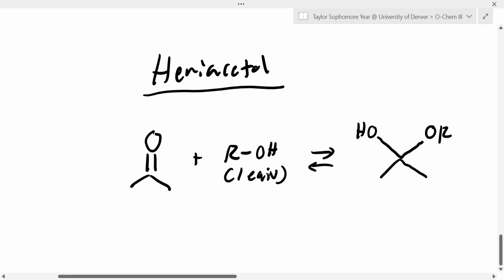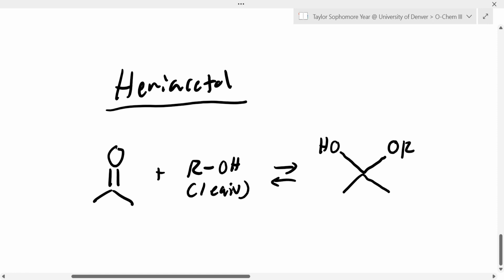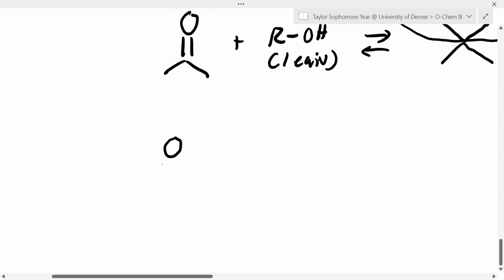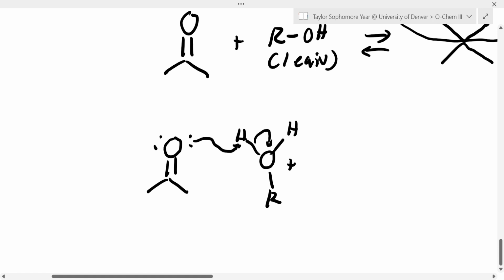When we're looking at hemiacetals from ketones, one important thing to know is that an oxygen and hydroxide coming off the same carbon creates a hemiacetal. Essentially, in the mechanism for this, the ketone will bind to one hydrogen, causing this to go.